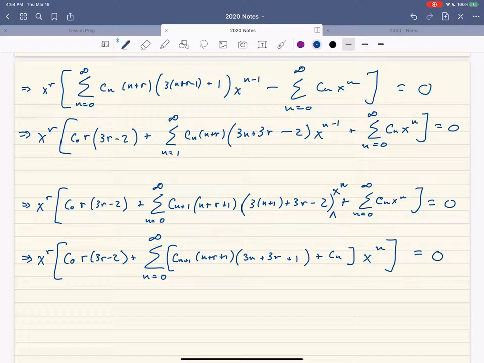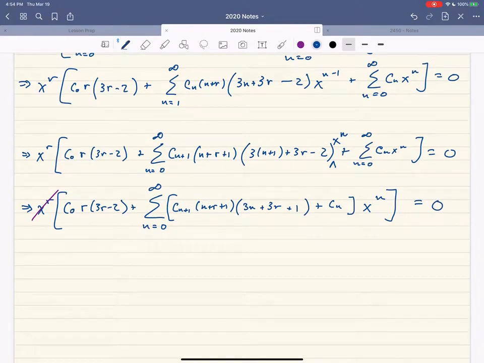Now we're ready to see what this is going to do for us. We don't really need this x to the r term anymore, but we got a few things that we know. I'm thinking of this right-hand side as a sum, but actually I get a little more information than maybe we were expecting. We get that c naught times r times 3r minus 2 has to be 0, because there's no term on the right side.